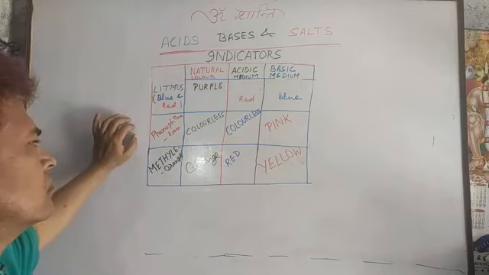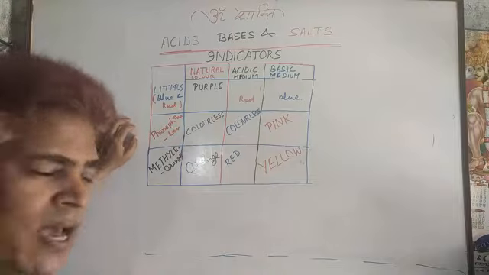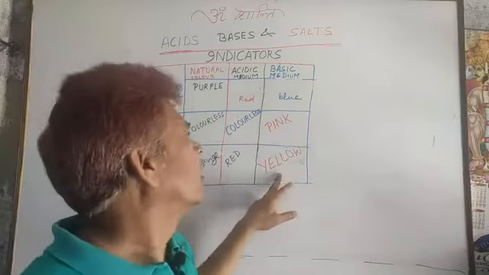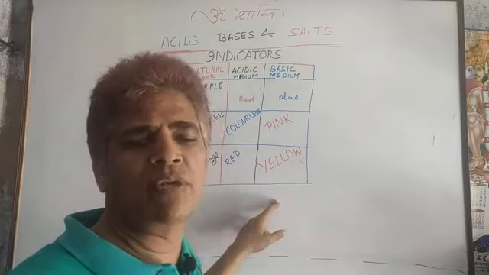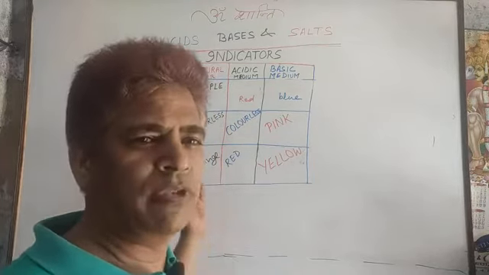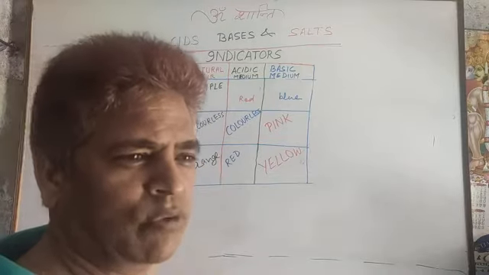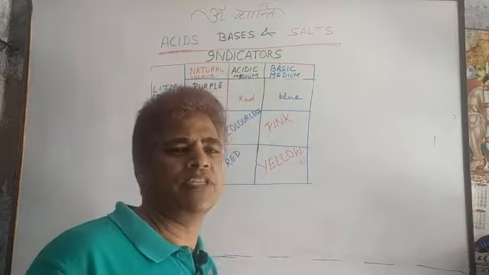In acidic medium it retains its color, but in basic medium the turmeric powder changes into reddish brown. So with turmeric powder you can also decide whether the given compound is acidic or basic in nature.